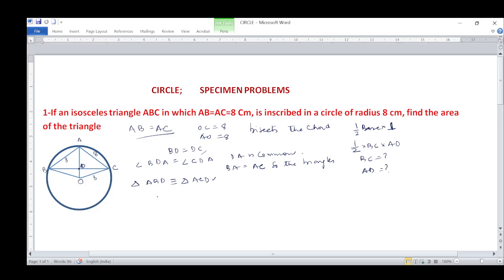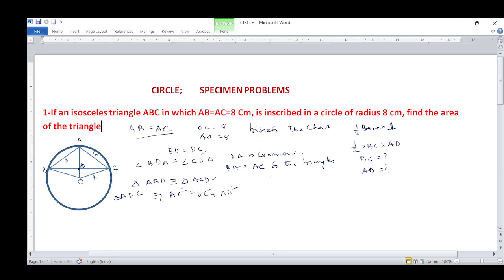So let's start. Choose the triangle ADC. In triangle ADC, AC square is equal to DC square plus AD square. In this triangle, AC is the hypotenuse, AD is the perpendicular, DC is the base.